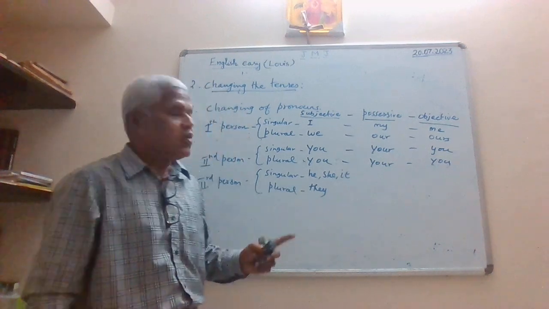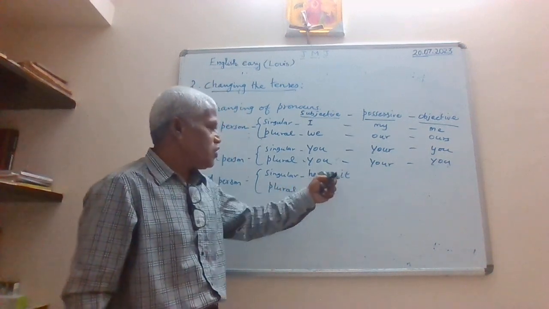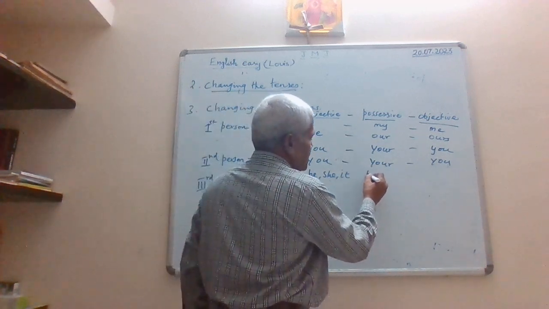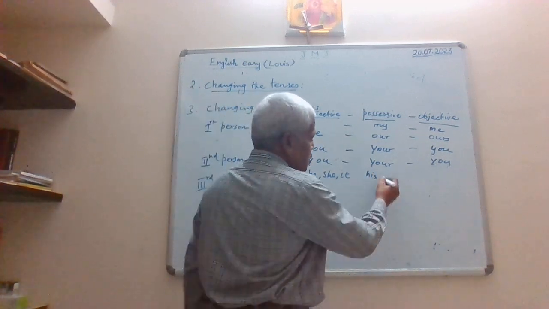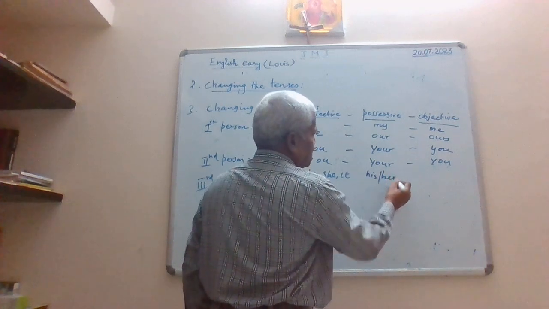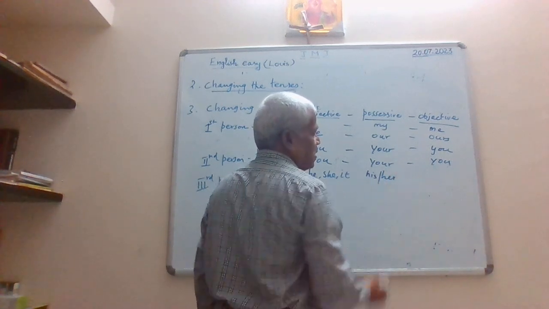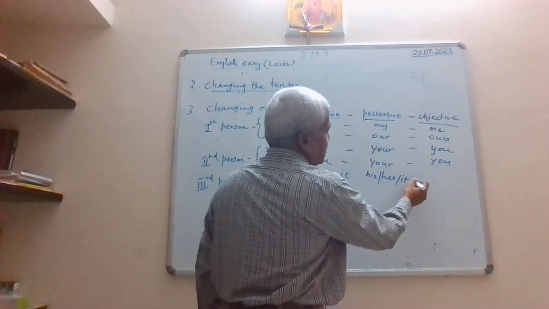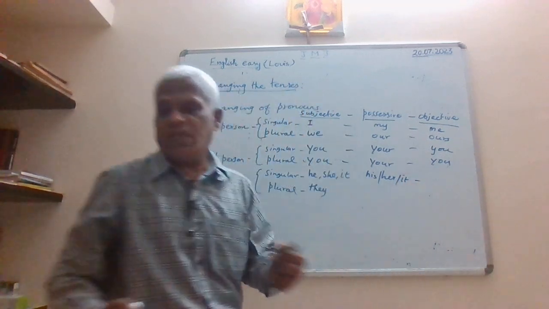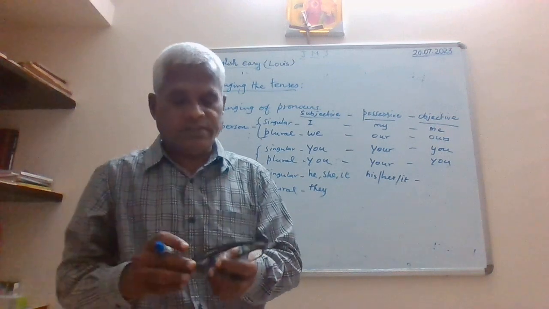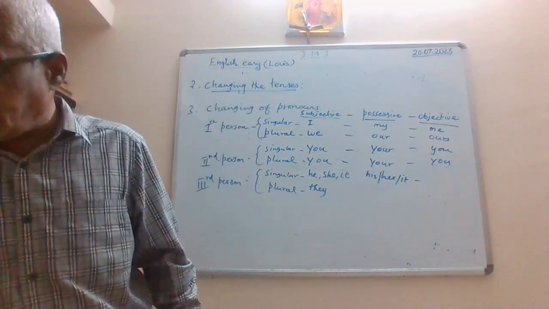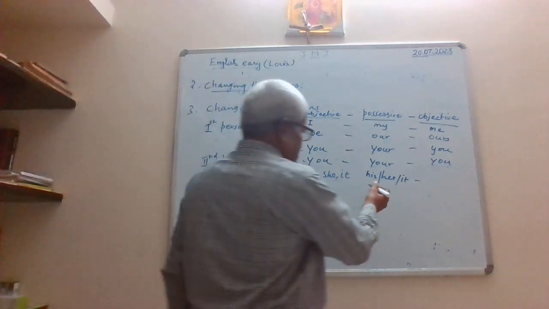Now comes the singular for he, she, it. For he, of course, you have his. She, of course, hers. And it remains as it, and its. So subjective, maybe you can say she, her.